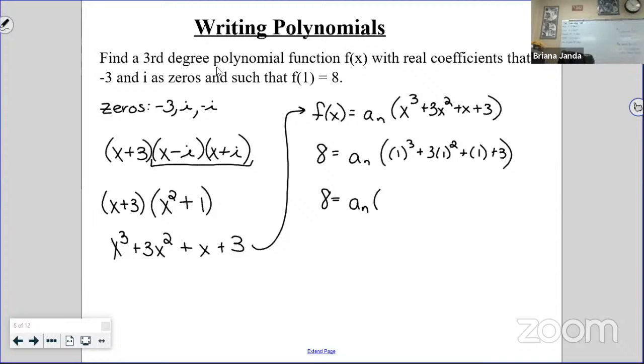Okay, so 1 cubed is 1, plus 3, plus 1, plus 3 is 8.